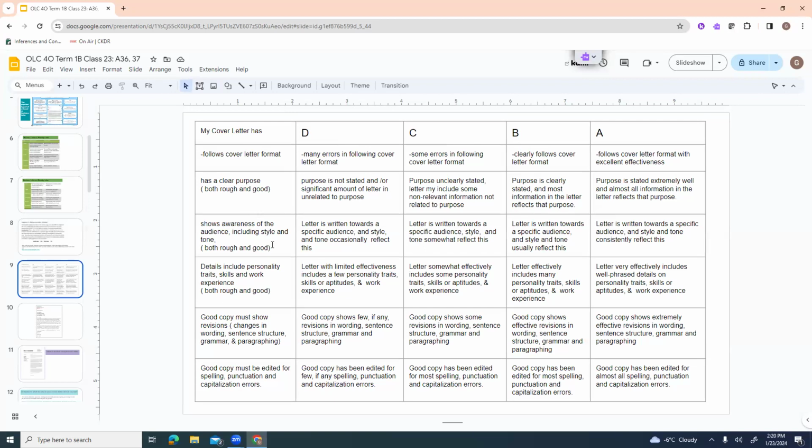Shows awareness of the audience, including style and tone. So have you written in a manner that is appropriate to write to a potential boss? Details include personality traits, skills, and work experience. Every cover letter should include all three of those categories. Almost any job is going to look for personality traits, right?